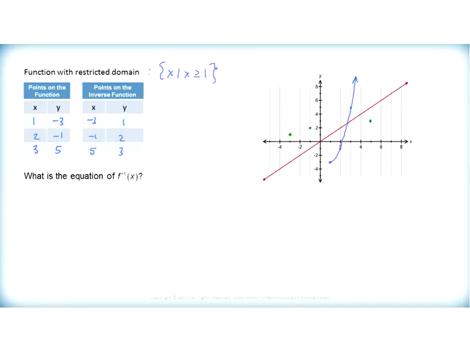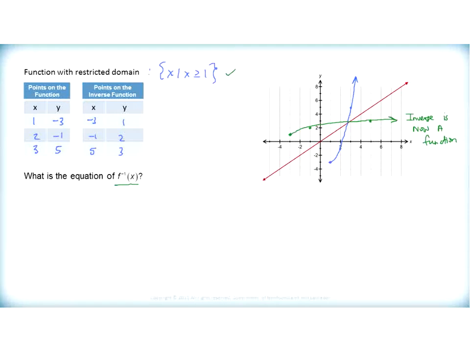Now when I look at the graph of the inverse, the graph of the inverse is now a function. And the reason why it's a function is because I've restricted the domain of the original function so that the inverse would be a function. So I've restricted the domain of the original function, now the inverse is a function.